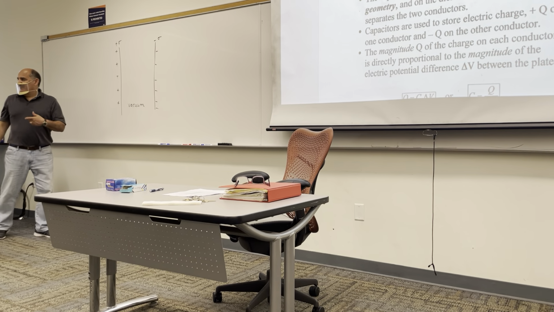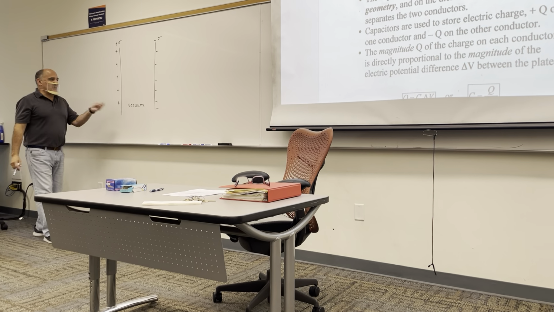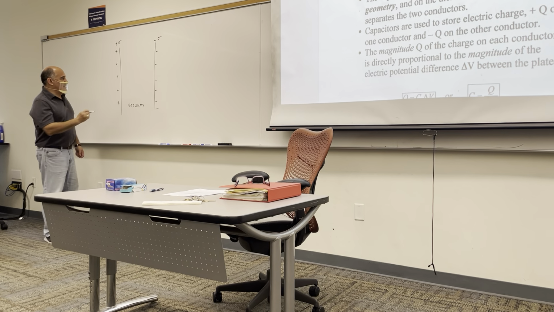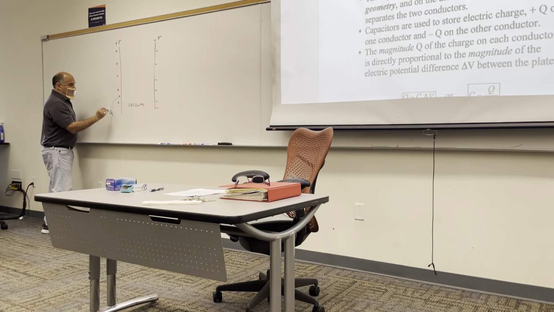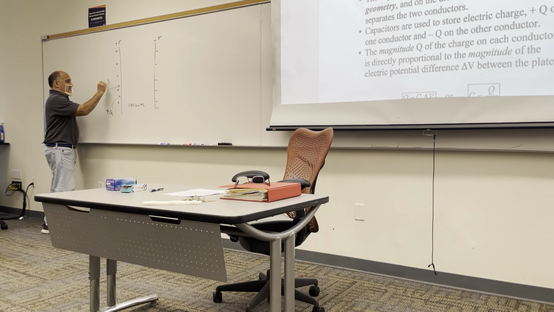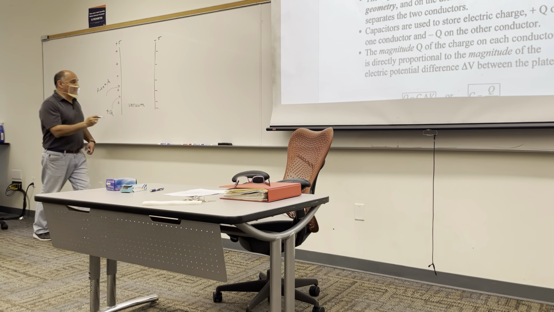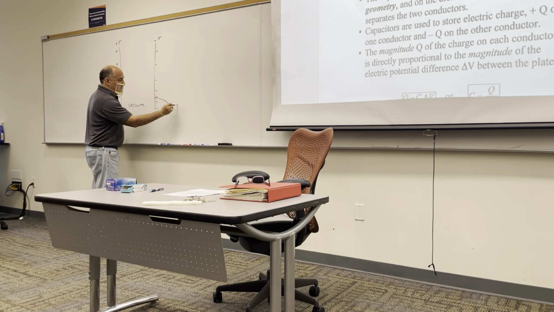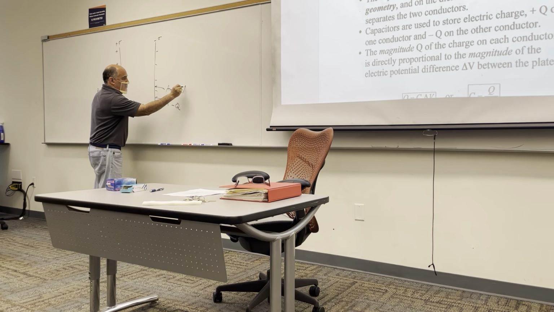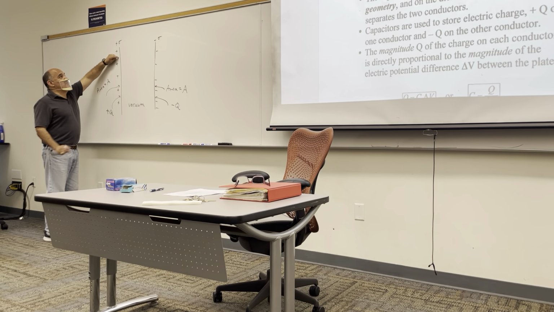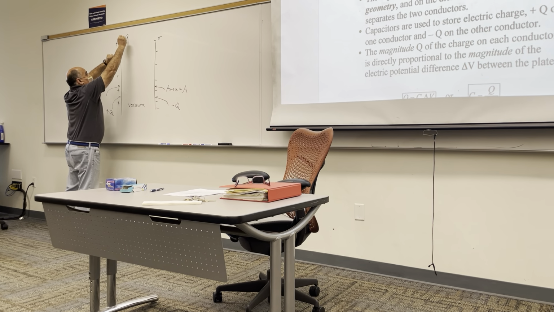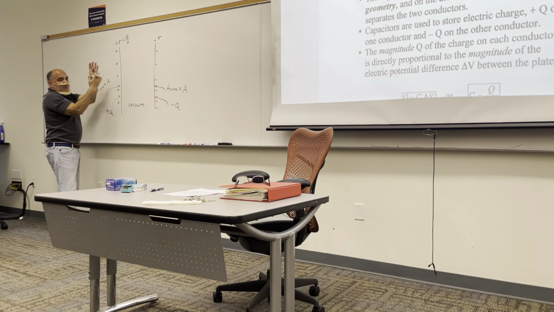In reality, these plates are not infinitely large. In reality, you could say that the total charge on this plate is plus capital Q. The area of it is A. And for the other one, the total charge is minus capital Q, and its area is also A. So that the charge per unit area on this plate is simply Q over A. It's the total charge over the total area.